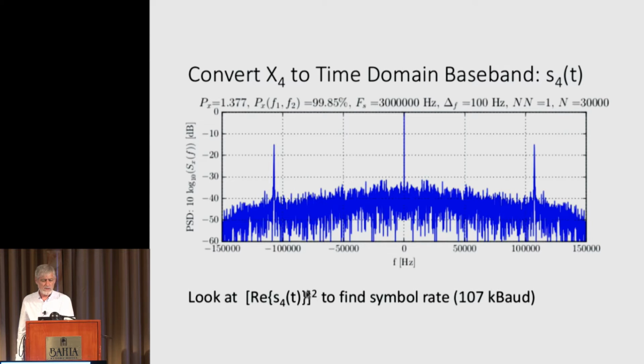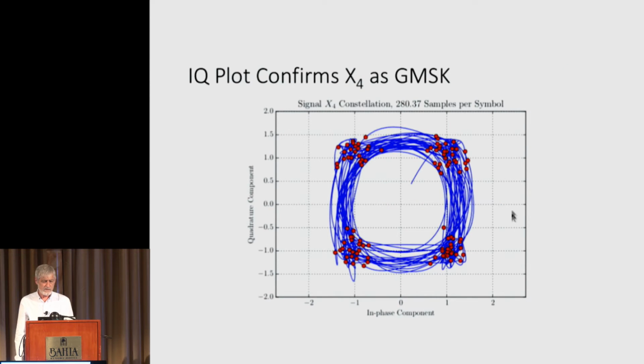So we simply take the real part of that signal, which makes it not a constant envelope anymore. Then we square it, and we now see those peaks at the baud rate, and then we use that to display the signal itself. And of course, looking at it, you can immediately see that this is a constant envelope GMSK signal in this particular case.